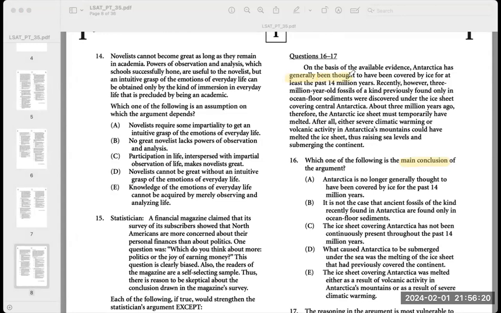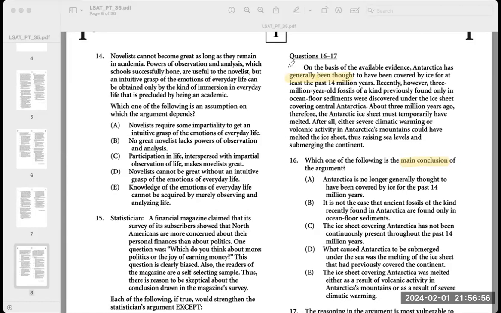The fact that that was a general conclusion people had come to in the past is already cueing me to think that the conclusion is going to be a contrast and talk about what's thought now in contrast to what was generally thought in the past, or a new idea by a smaller group of people as opposed to what's generally thought by a larger group, the traditional view.